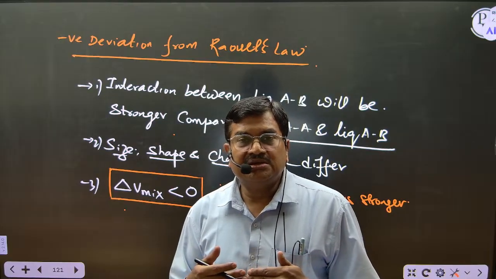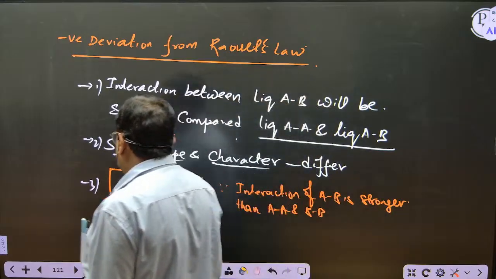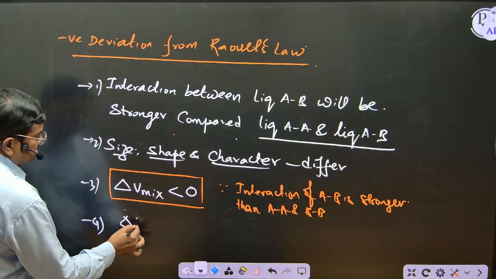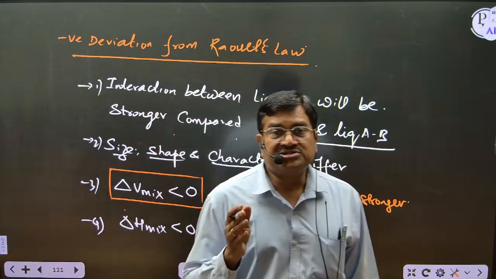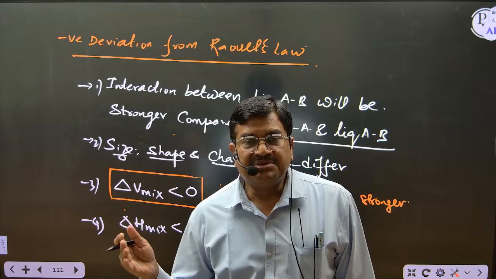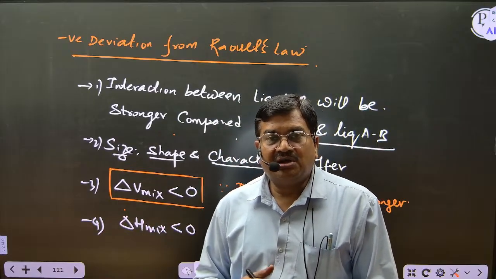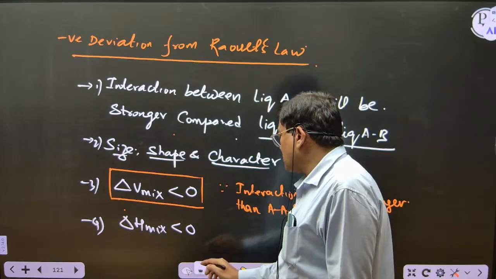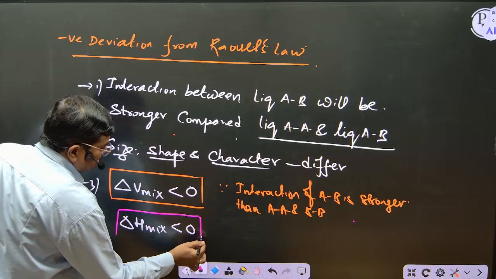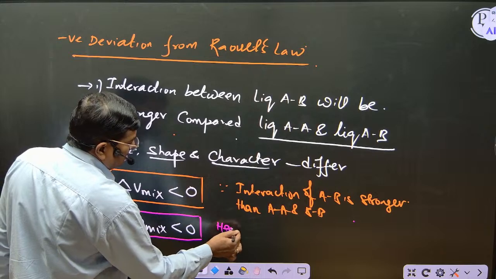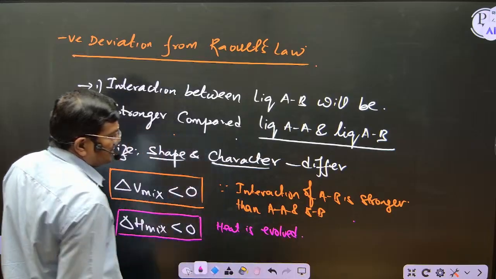Before forming AB, we are breaking the AA and BB bonds easily. Breaking of bond is endothermic, and formation of bond is exothermic. So the enthalpy change of mixing will be less than 0, which means heat is evolved. It is exothermic.